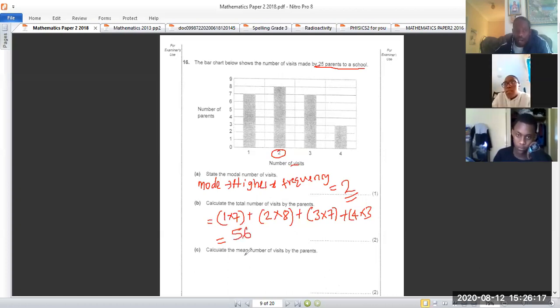Okay. Then here we are supposed to calculate the mean. The mean is given by the sum of x over the sum of f, and this is 56, what we have found there, divided by 25.